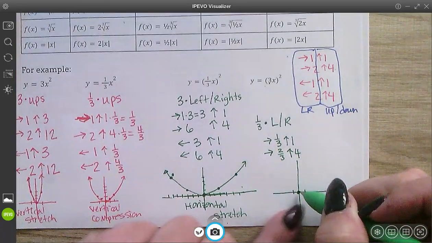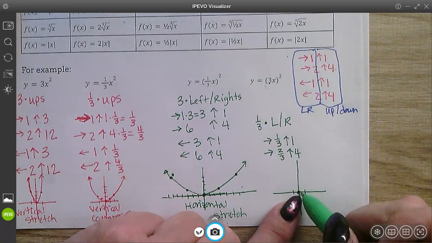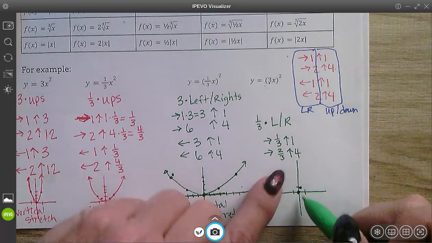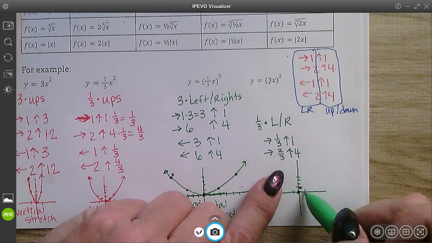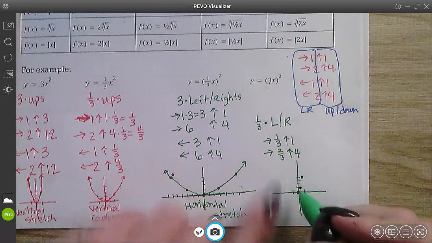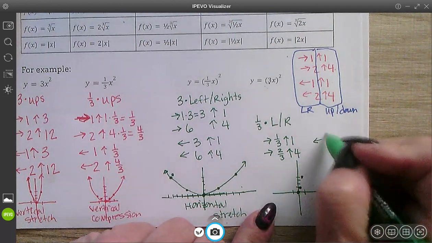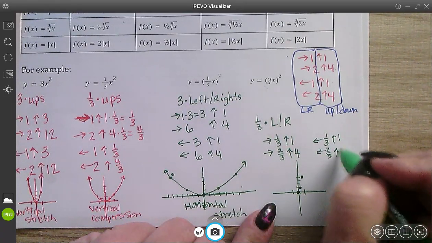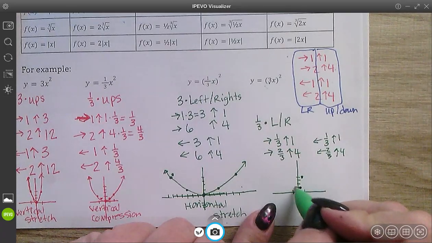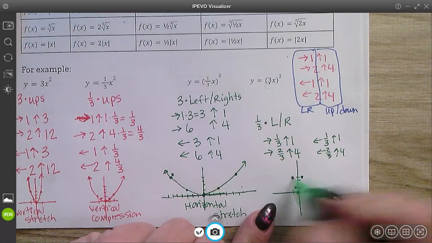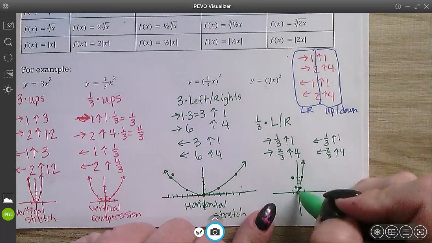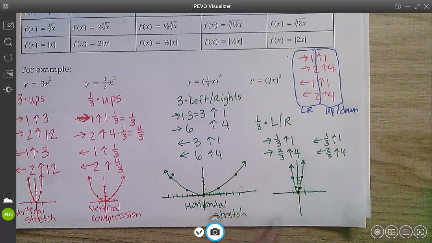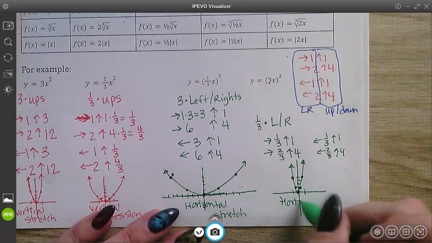So if I'm only going right 1/3 before I go up 1, that's right here. And then I'm only going right 2/3 before I go up 4, that's right there. And then I do the same thing left ways. So left 1/3, up 1, left 2/3, up 4, makes that graph super tall and skinny. So what I did was I squished it horizontally. So that is called a horizontal compression.